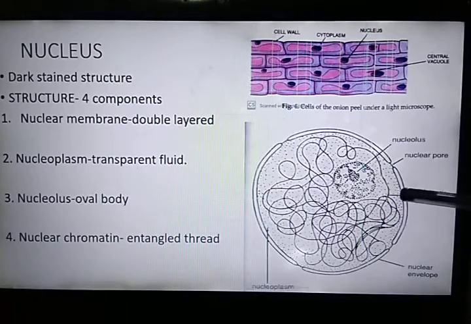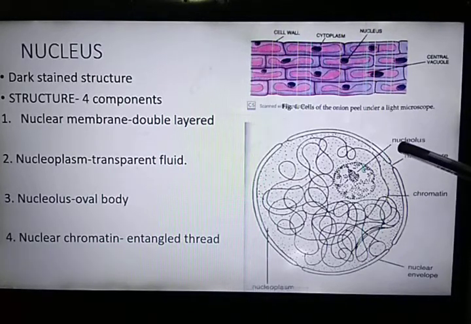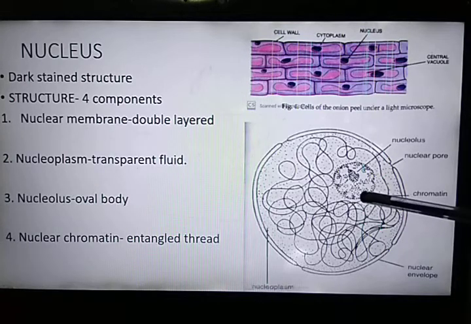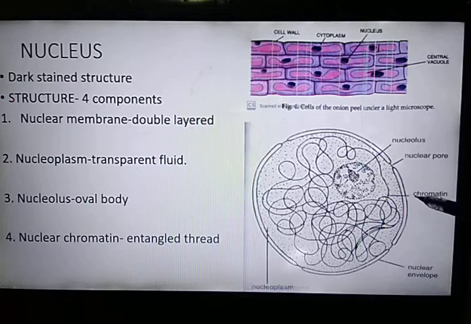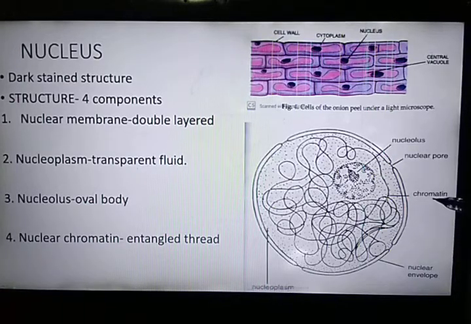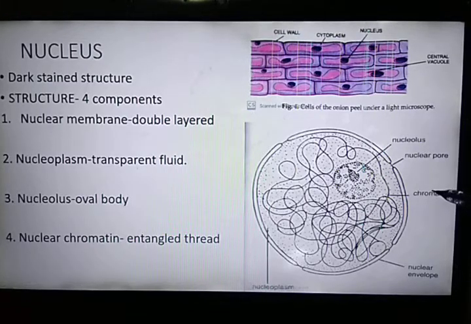Now the next structure is the nucleolus. What do you mean by nucleolus? As you can see, it is a spherical or oval body present inside the nucleus. Next, you can see entangled thread-like structures. These are known as chromatin or nuclear chromatin. What do you mean by chromatin?